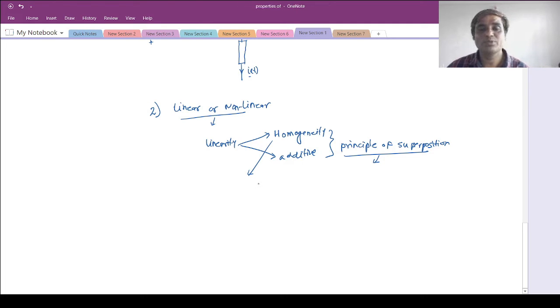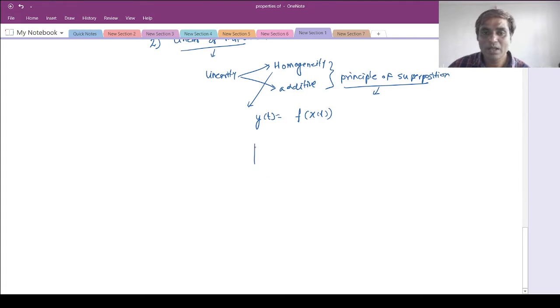For the homogeneity property, suppose I have the relation between input and output, say y of t is my output, and the relation is f of x of t. Suppose I have a network which is a two-port or two-terminal network.